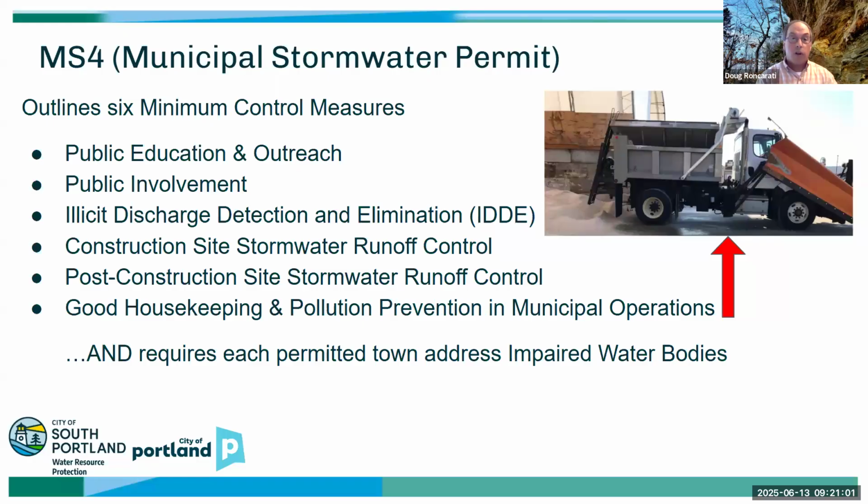Illicit discharge detection and elimination. These are very important programs because we have hundreds of years of pipes underground. So things happen. We end up with cross connections between our combined or sewer systems and our storm drains. Sometimes people will purposefully dump stuff into the storm drains.